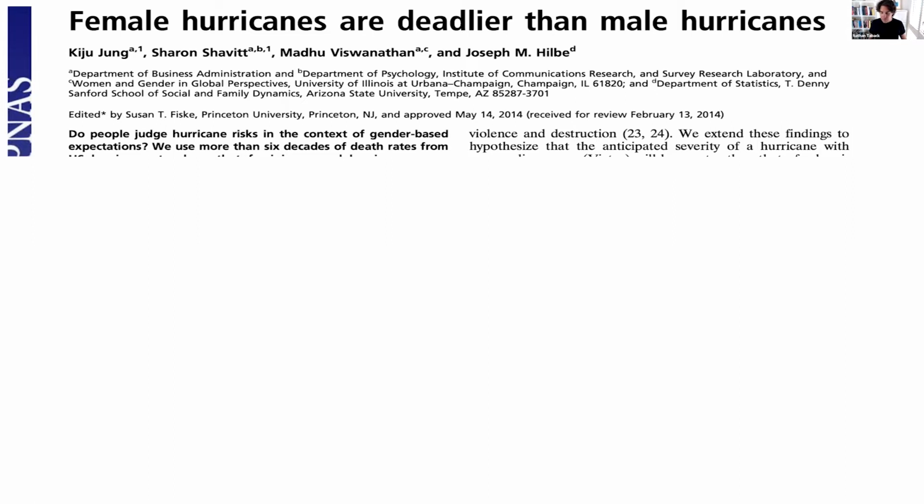What the article concluded was that they used more than six decades of death rates from US hurricanes to show that feminine named hurricanes cause significantly more deaths than do masculine named hurricanes. And they go on to say that this finding indicates an unfortunate and unintended consequence of the gendered naming of hurricanes, with important implications for policymakers, media practitioners, and the general public concerning hurricane communication and preparedness.